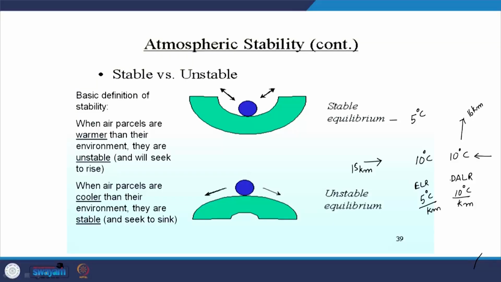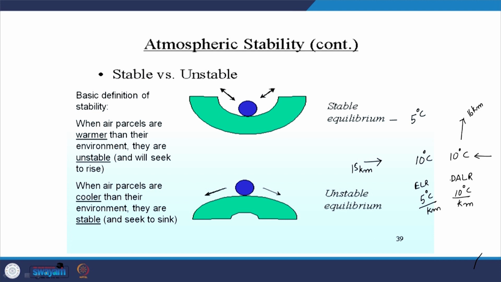The temperature of the environment is decreasing at a particular rate, and the temperature of the air parcel is decreasing at a particular rate. To be more clear, consider the air parcel at a temperature of 10 degrees Celsius, and the environment is also at 10 degrees Celsius when they were in equilibrium.